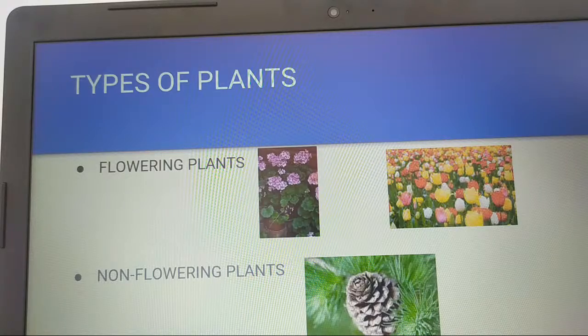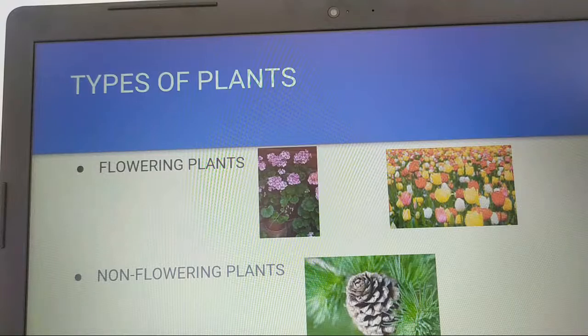Now, what is a flowering plant? Those plants that produce flowers and fruits are said to be flowering plants, or we can say angiosperms. That is a new term. Flowering plants are called angiosperms.